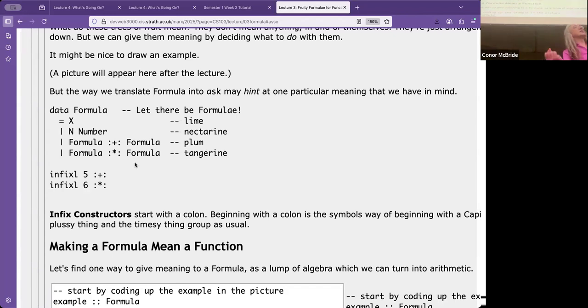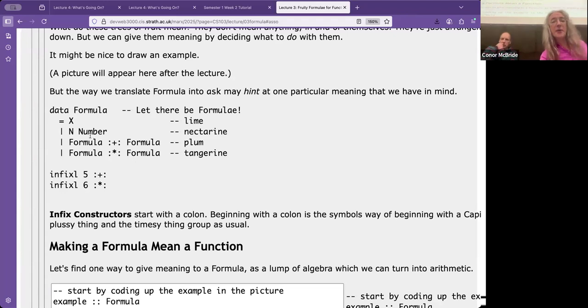They just stand for themselves and their job is to be different from each other. Whereas lowercase identifiers are variables. They stand for something other than themselves, either by definition or because they are pattern variables on the left-hand sides of the equation. Well, the same distinction between proper nouns and common nouns, but for operators, is given by whether there's a colon at the start of it or not.